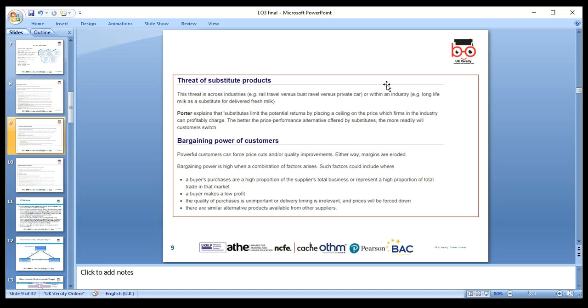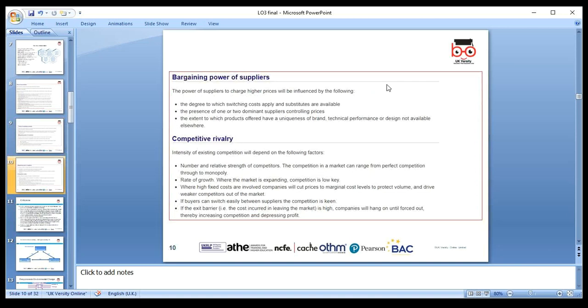Then we can look at the bargaining power. A powerful customer can force price cuts and quality improvement, and either way the margins are squeezed. Bargaining power is high when a combination of factors arises, such as a buyer purchasing a high proportion of the supplier's total business. So if buyers have bargaining power, we need to draw barriers so we can make a product that helps us be sustained in the market.